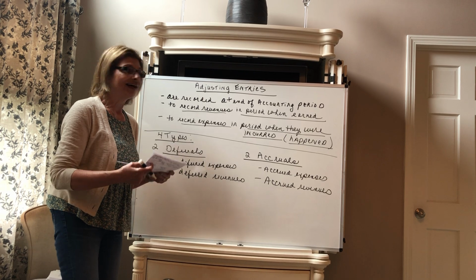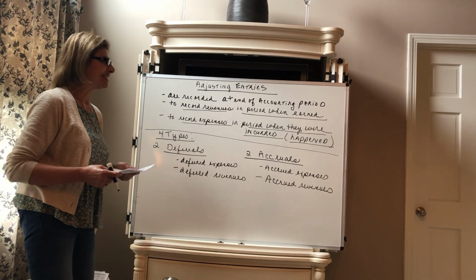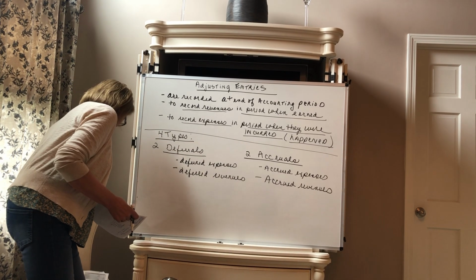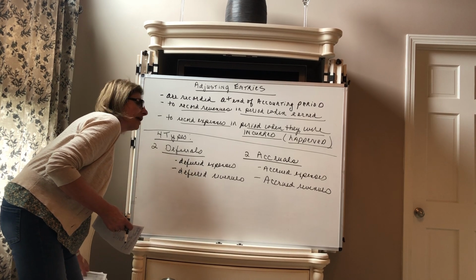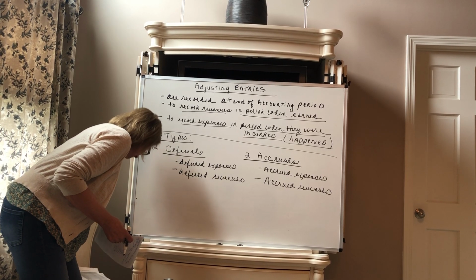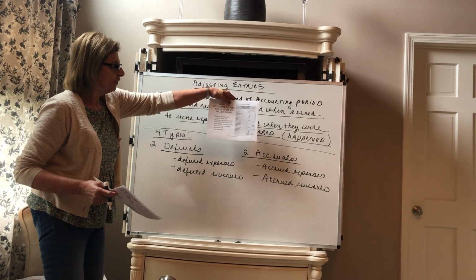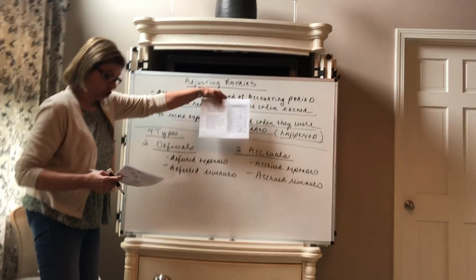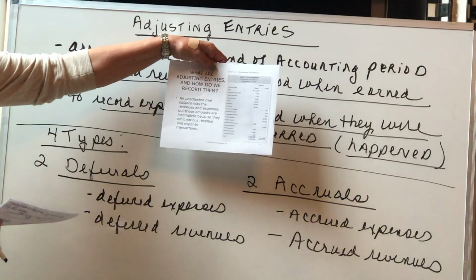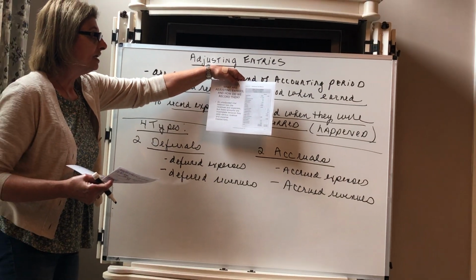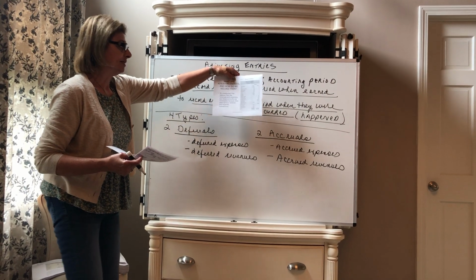If you're looking at your slides, it's slide 3-16. And it says unadjusted trial balance for Smart Touch Learning. I know you can't really focus on that, but that's page 120 in the book, and it is slide 3-16.